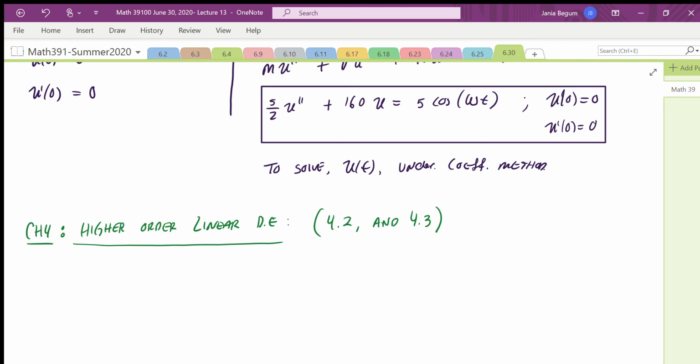The reason I'm not going to do 4.1 is because I think you can read that on your own. It just talks about nth order differential equations and the theories. Just like we have an uniqueness and existence theorem for second order and first order, you compute the interval where the functions are continuous, and then you see where the initial condition falls. That will be the interval where we have a unique solution.